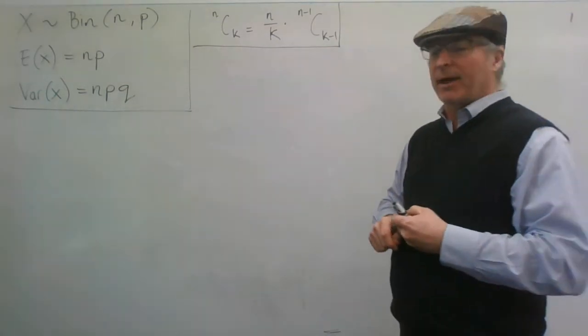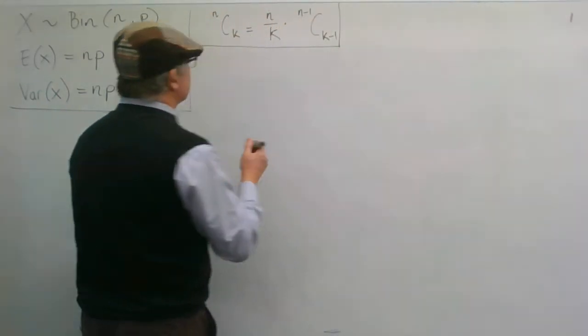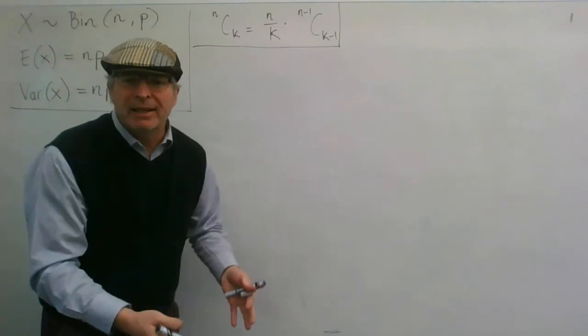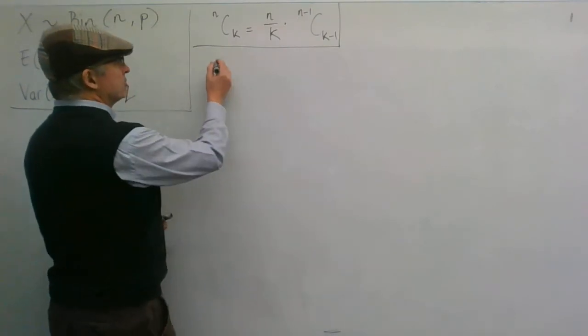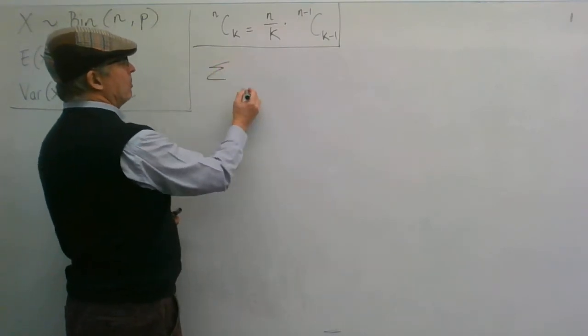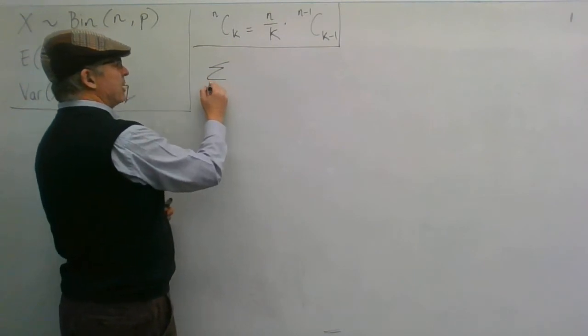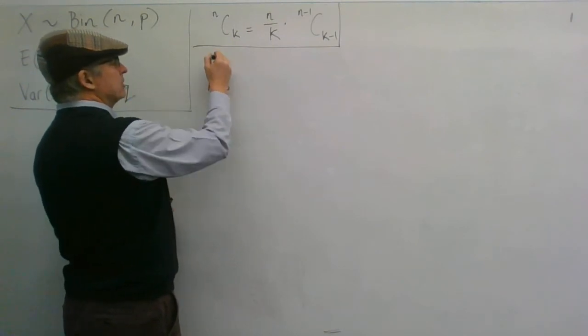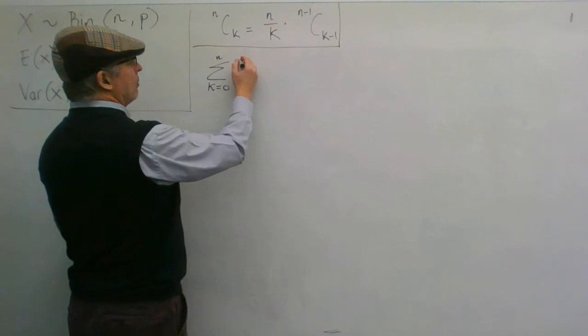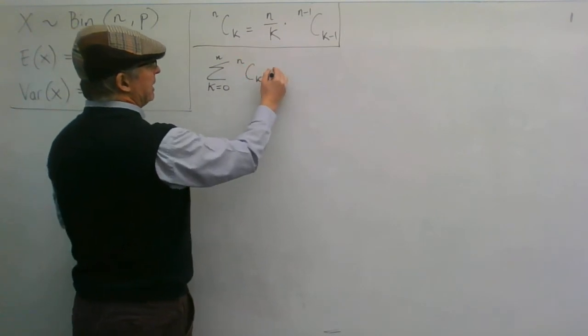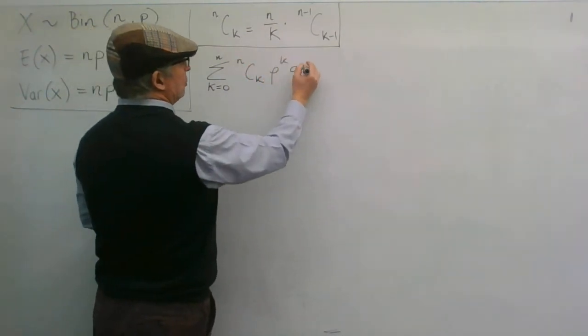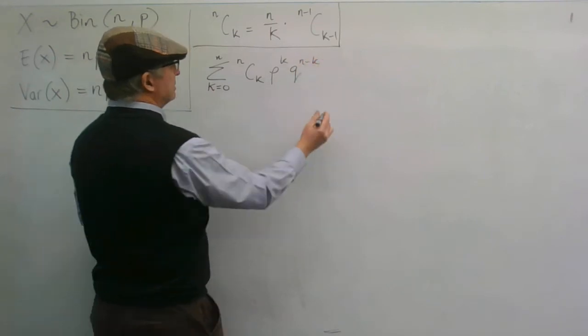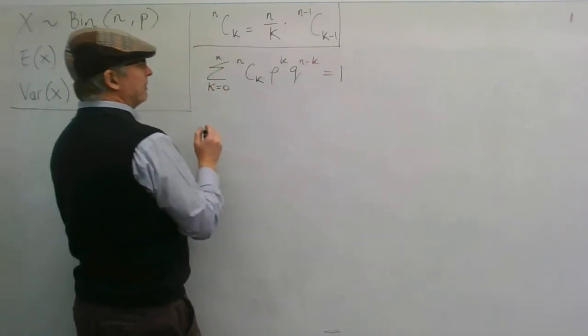Another thing that we should realize is that when you add up all the probabilities, you get 1. So the sum from k equals 0 to n of all the nCk p^k q^(n-k) should be equal to 1.